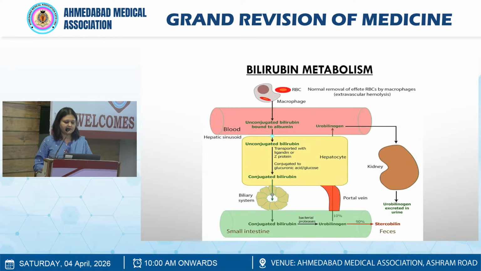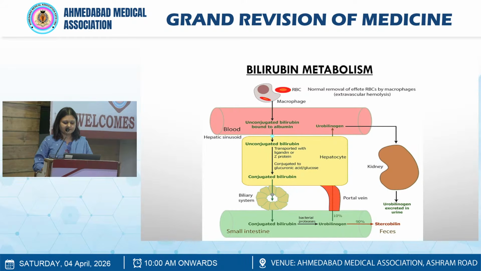So let's get a brief idea about bilirubin metabolism. Extravascular hemolysis occurs, so unconjugated bilirubin is present in the blood. It is bound with albumin. Then the hepatocyte takes up this unconjugated bilirubin, and the glucuronidation process happens in the hepatocyte, and unconjugated bilirubin is converted into conjugated bilirubin.